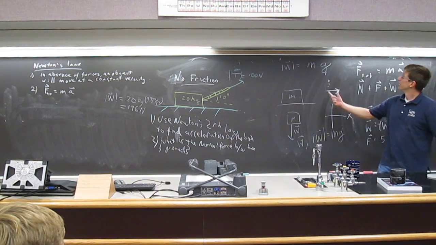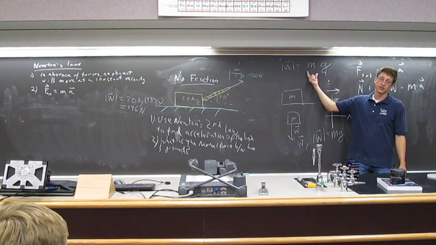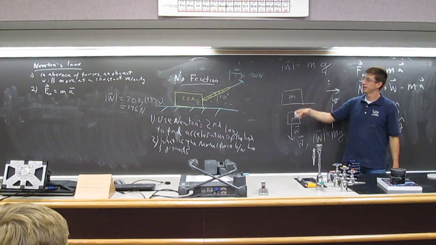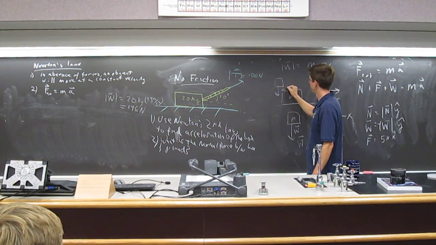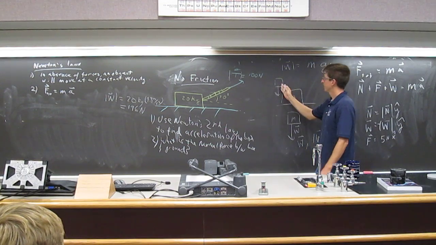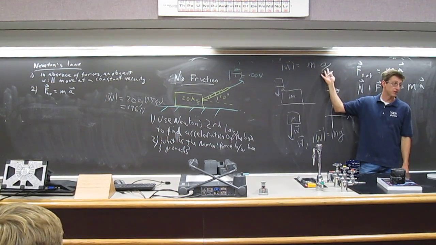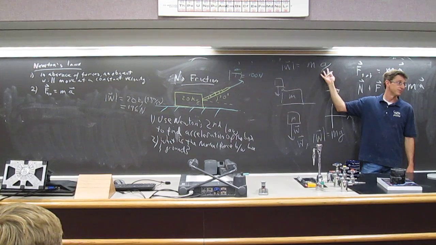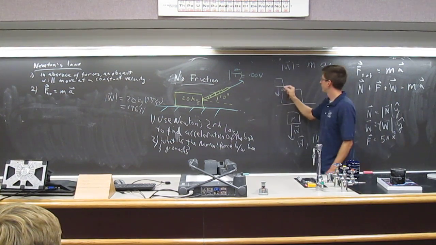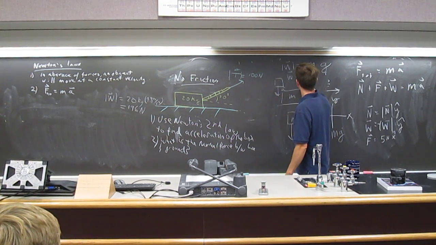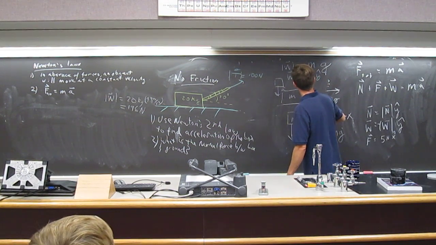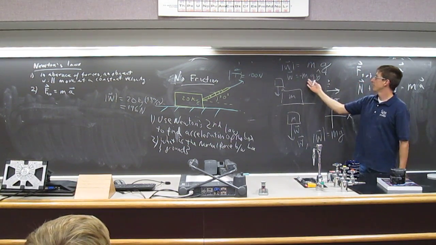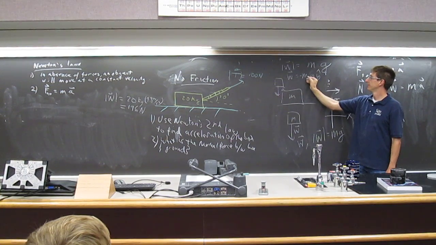We know that this is the case because if you didn't have any other forces on it, you just had this thing accelerating downwards with gravitational acceleration, the total force, the weight, would be m times a, in the y direction.